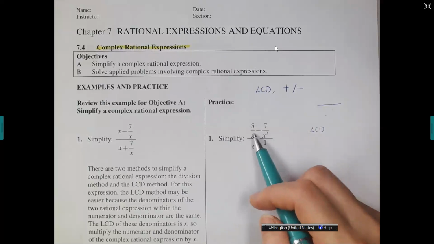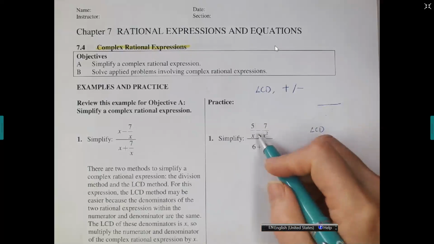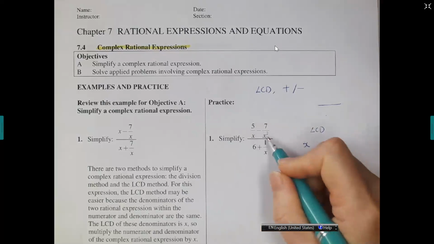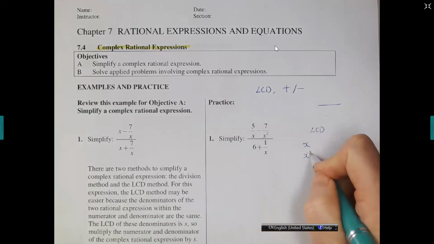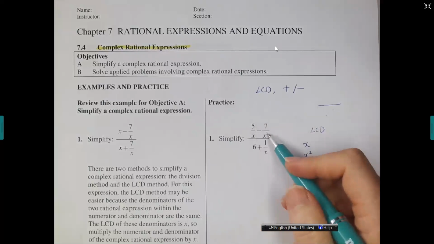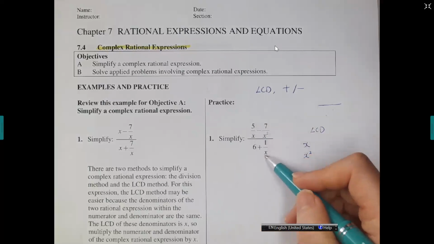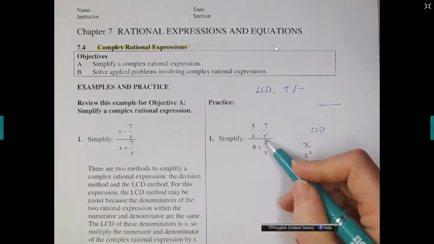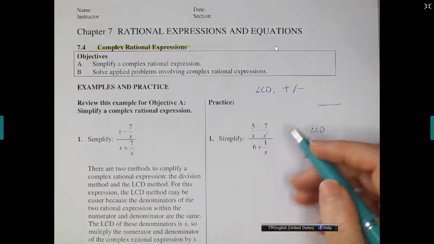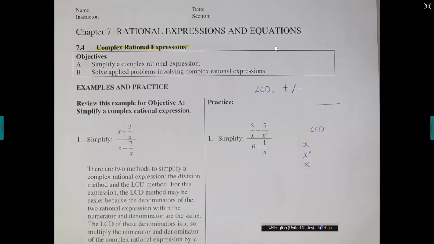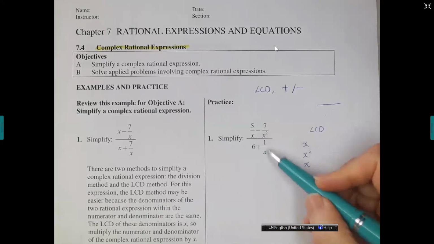Within the numerator, I see one denominator x. I see another one x squared. And then that's all. Then I move on to the denominator. So within the entire denominator, I see just one denominator, which is x. Okay, so totally there are three denominators.